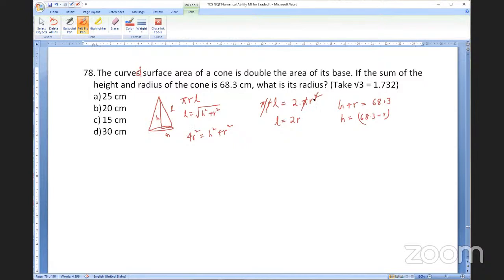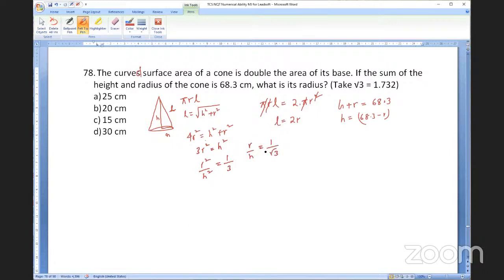Area of the base is pi r square, pi gone, r gone. Slant height is equal to 2r. So we have 4r square equals h square plus r square. This relationship will hold good. R square by h square is equal to 1 by 3. So r by h is 1 by root 3.